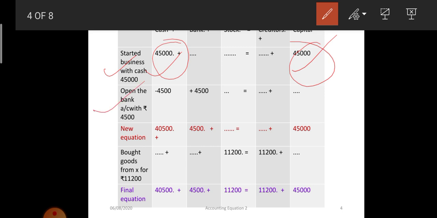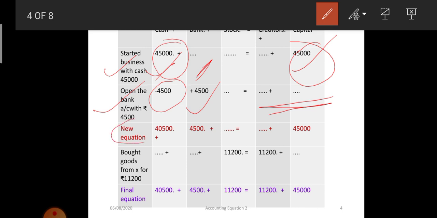Now take the second transaction, opened bank account with rupees 4500. So the two effects, one will be in the cash column and the other effect will be in the bank column. So cash decreased by 4500 whereas bank increased by 4500. The asset side total is still 45,000 rupees. There is no effect on the liability side.